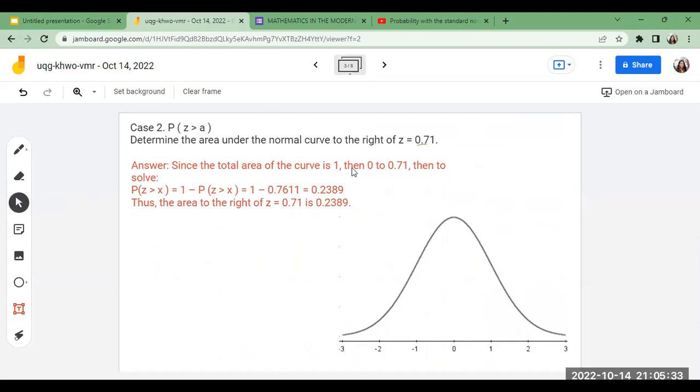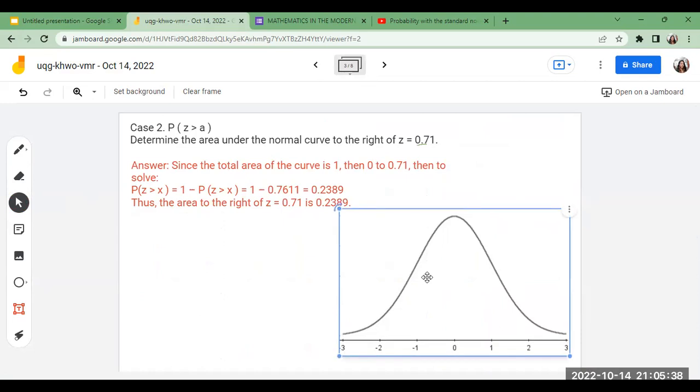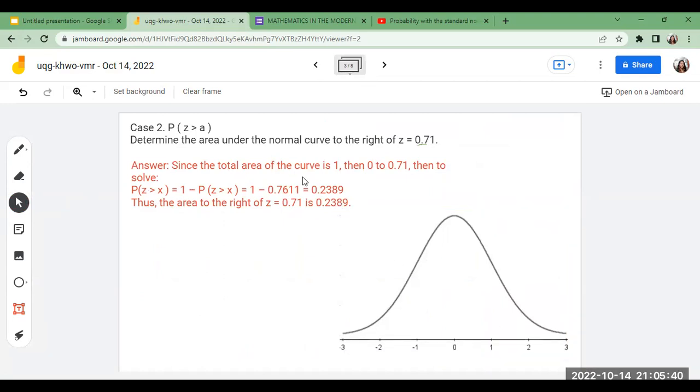So the answer, since we are looking for the area to the right, and the total area of the curve is 1, we need to subtract from 1. The probability that z is greater than 0.71 is equal to 1 minus the probability that z is less than 0.71. So the area we got for 0.71, which is 0.7611, we subtract from 1 because that's the total area of the curve.